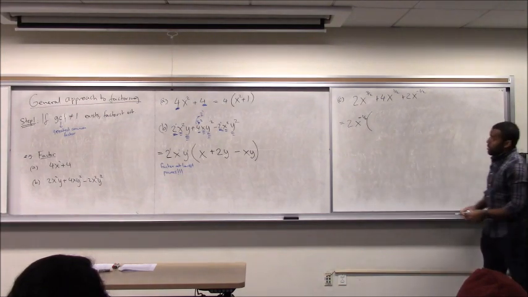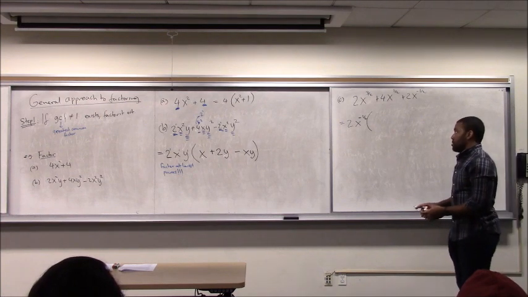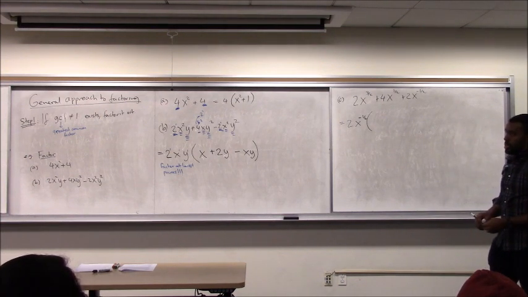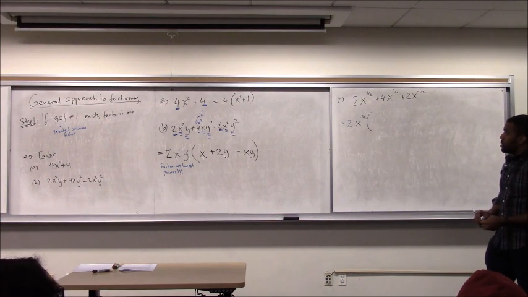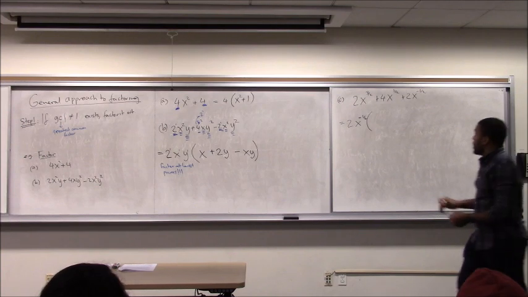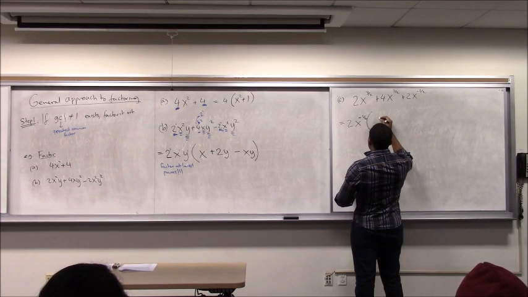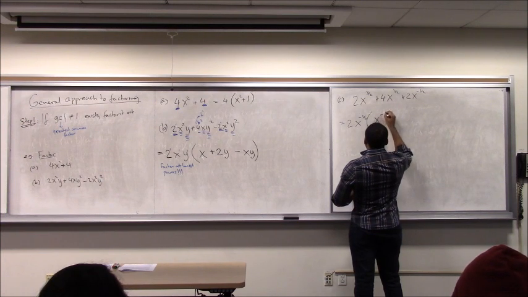Now, what do I have left inside? Let's go with that, then we'll talk about where that comes from. What do we have? X to the negative 1. X to the minus 1?